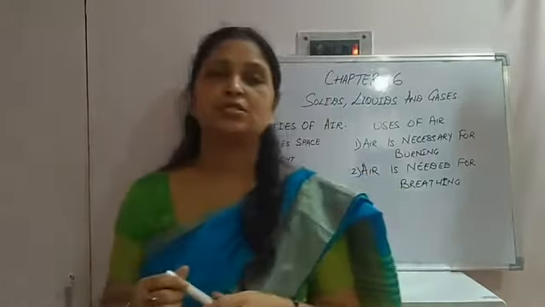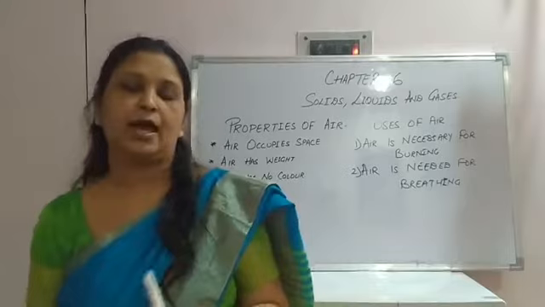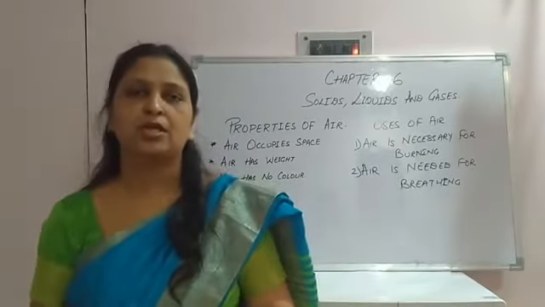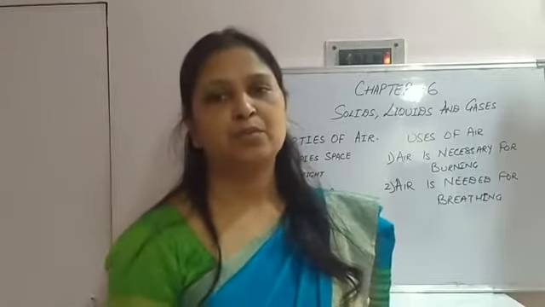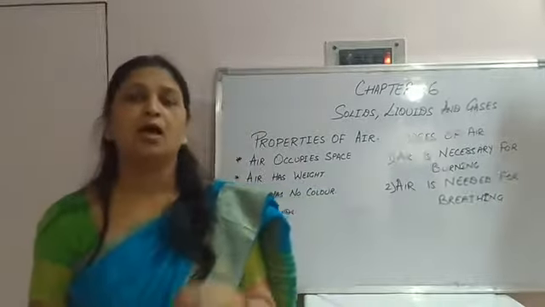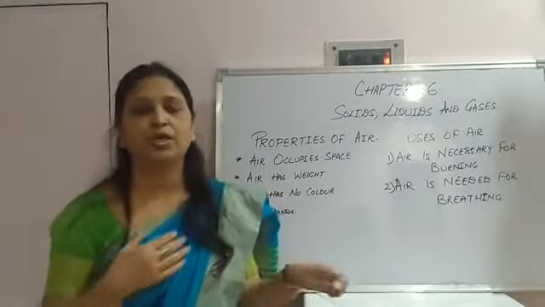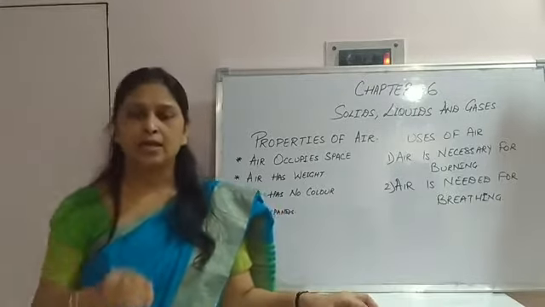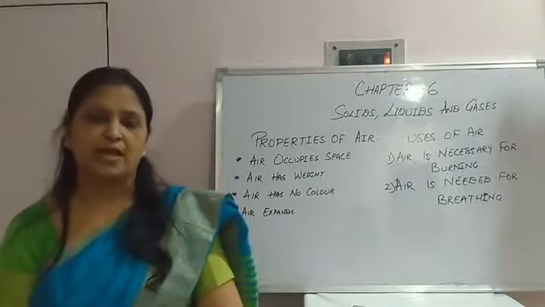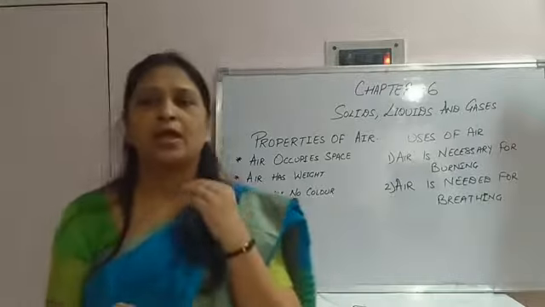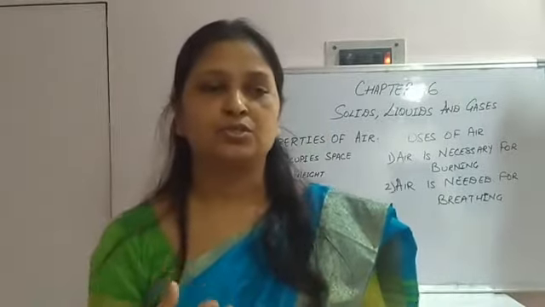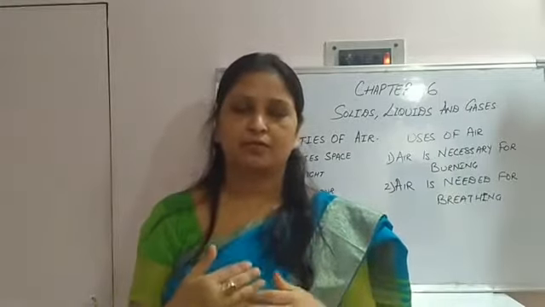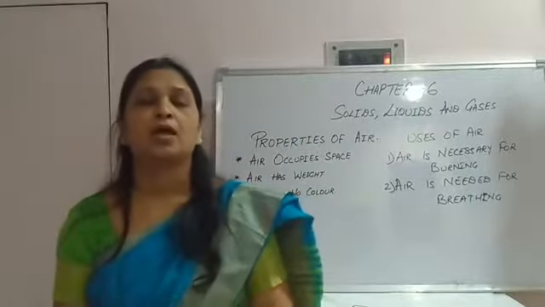Children, the process of taking in air and giving out air from the body is called breathing. Different animals breathe differently. Human beings breathe through their lungs. In the lungs, exchange of gases occurs. Carbon dioxide and oxygen are both exchanged inside our lungs.